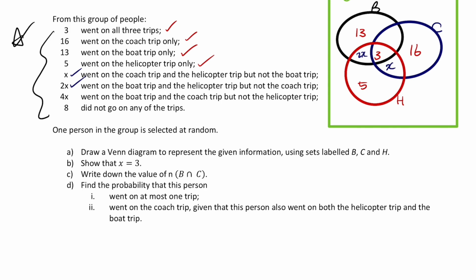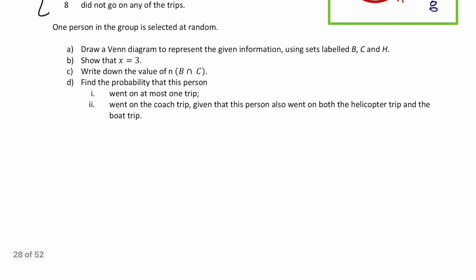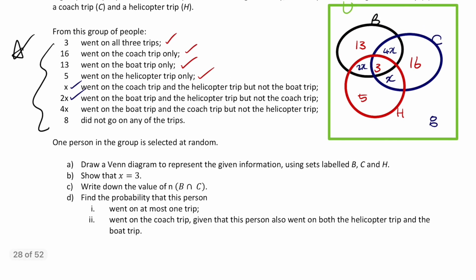And 4x goes here because they went on a boat trip and coach, but not the helicopter one. And 8 people did not go on any of the trips, so 8 goes here. Okay, so that was question A. So let's label this as A.